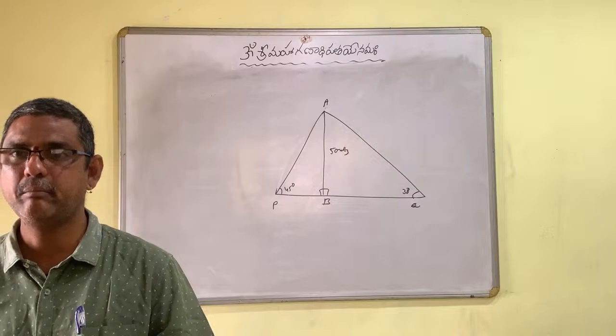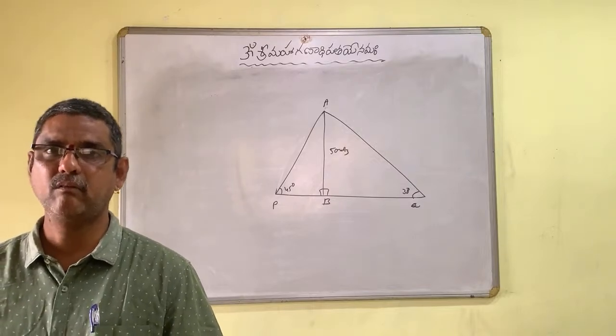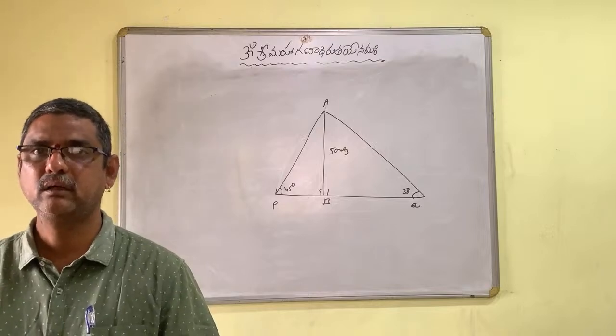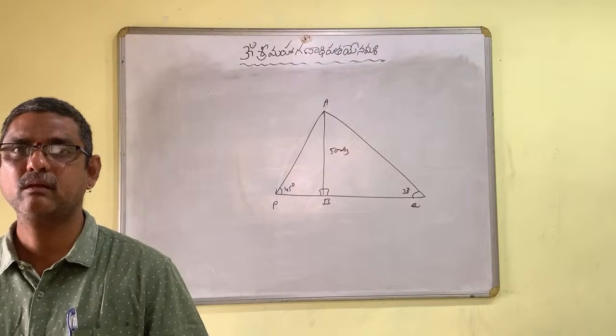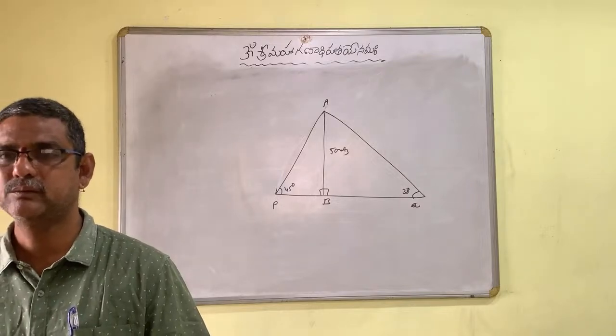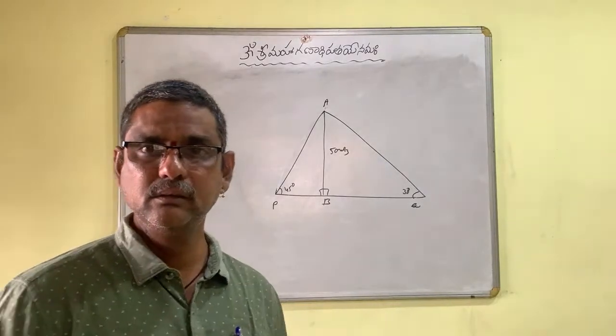PB and BQ. So first we need to find out PB from one triangle and BQ from another triangle. Then we need to add both. Okay, do that and tell me the answer.